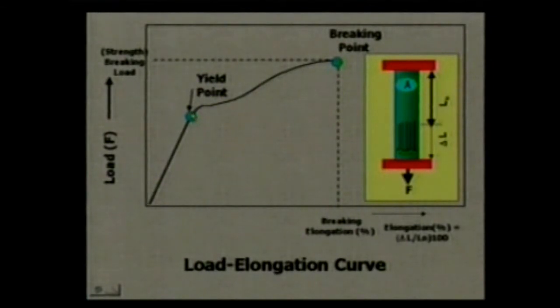We will call this point, in general, the elastic limit point or the yield point. Yield means that beyond this point, the material may yield largely permanently. In other words, if you remove the load beyond this point, the material will not fully recover its original dimensions, but rather it will recover only some of them.